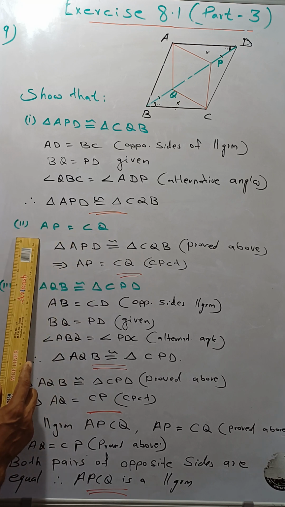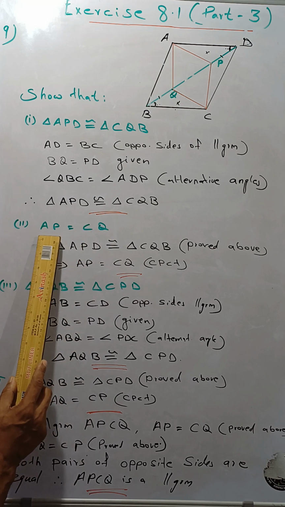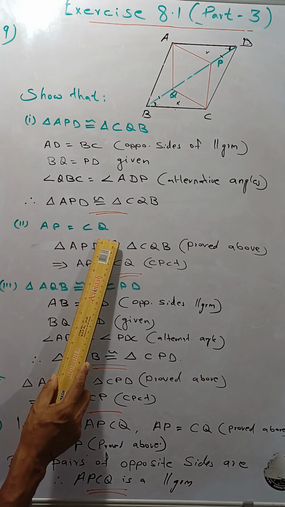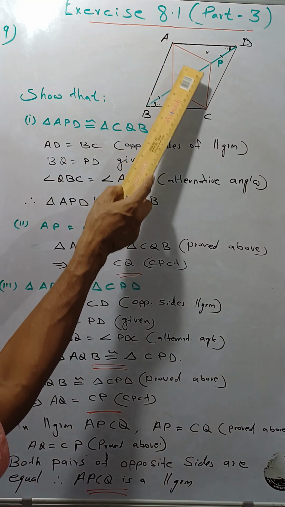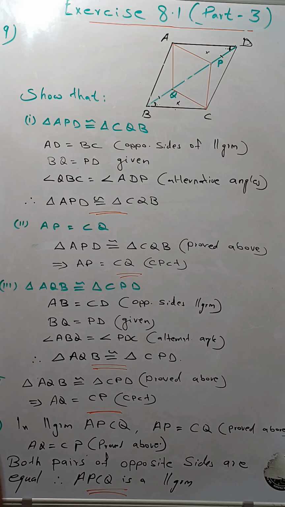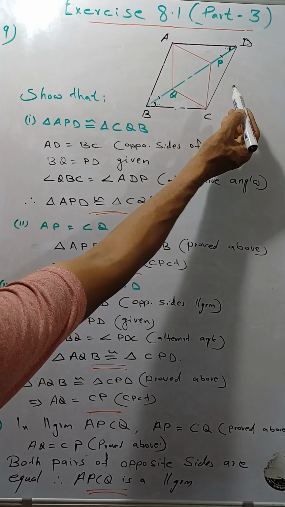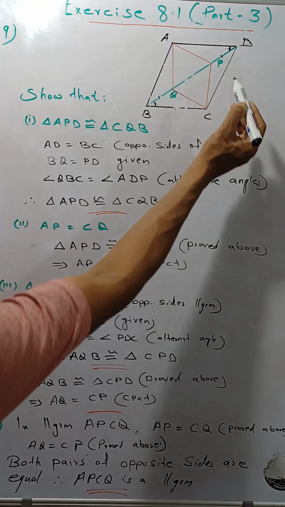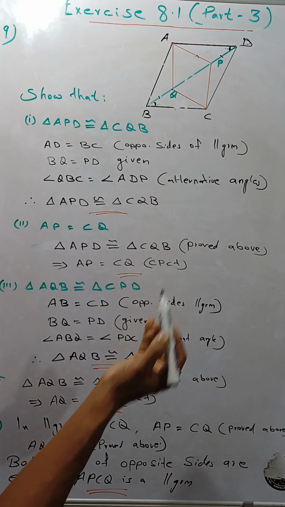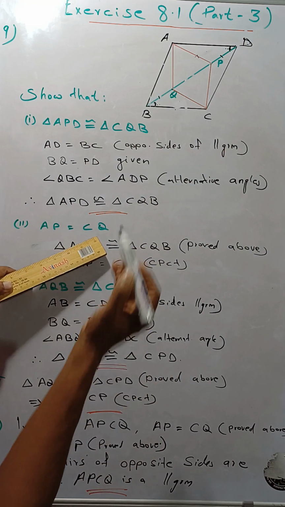Then the second part: prove that AP is equal to CQ. Prove that AP and CQ are equal.